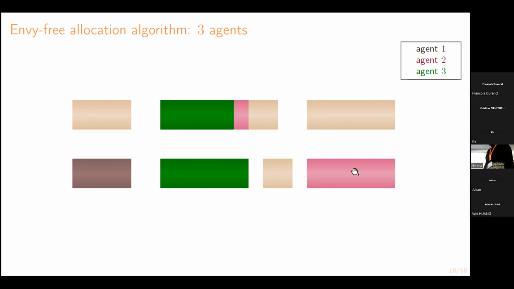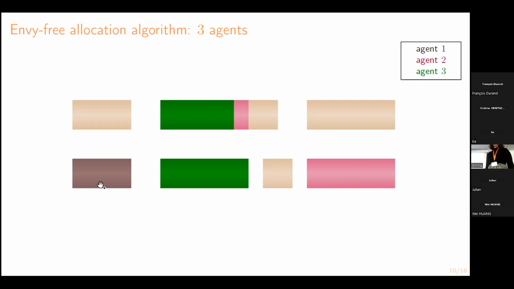Agent 2 is also not envious because for them, imagine that this was their second favorite part. They think that this and this are equal, and they prefer both those parts to this one. So 2 is not envious as well.